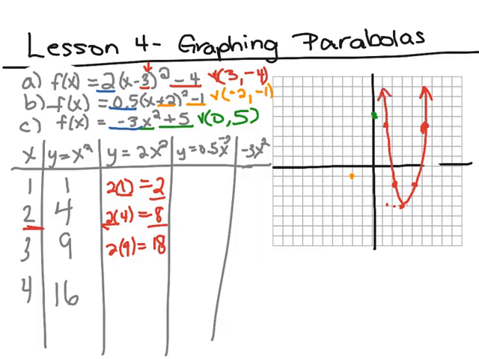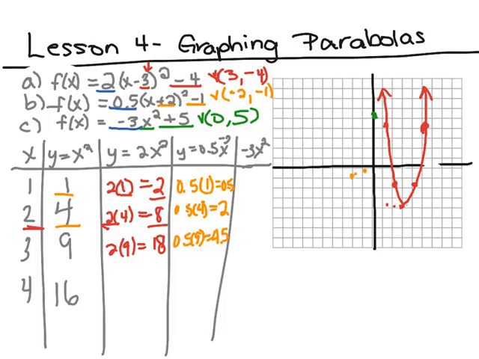So we can do the same thing with 0.5. So we do 0.5 times 1, which is 0.5. We do 0.5 times 4, which is 2. 0.5 times 9, which is 4.5. So when we start here at our vertex, when we go over 1, we go up a half.